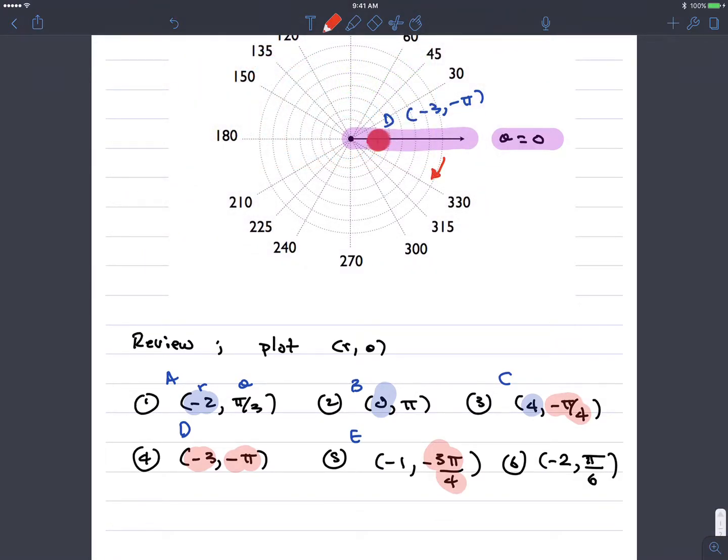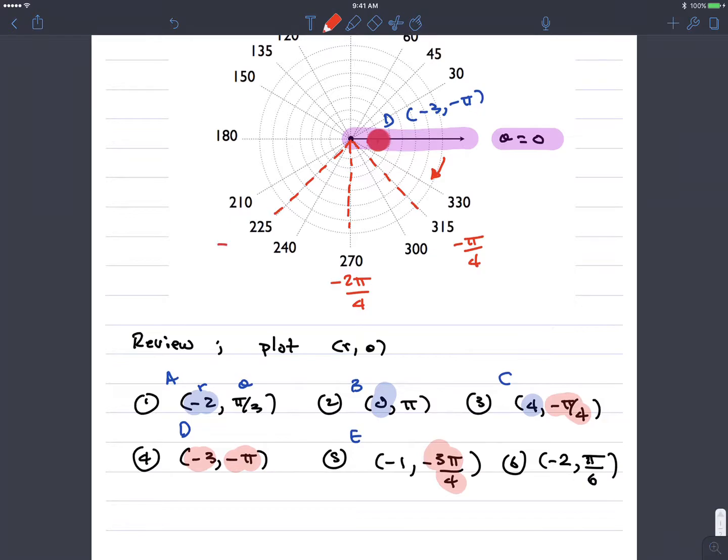So pi over 4 is right here, negative pi over 4. An additional negative pi over 4 is over here. So what do we need to have? A third what? Pi over 4. So this is minus 1 pi over 4. This is minus 2 pi over 4.